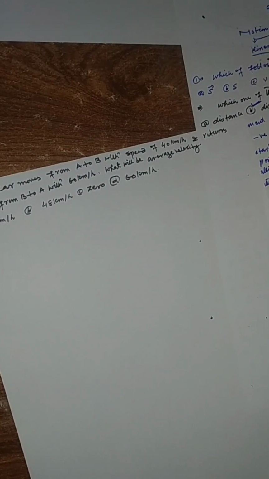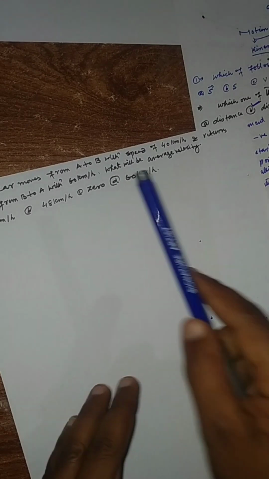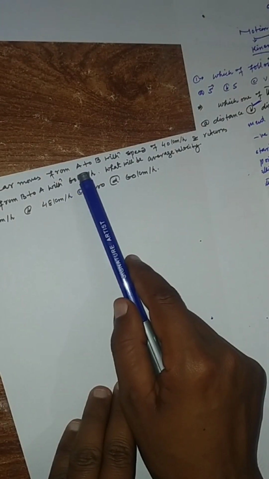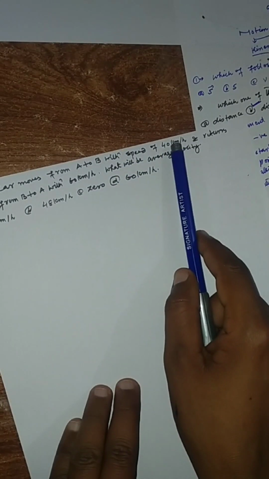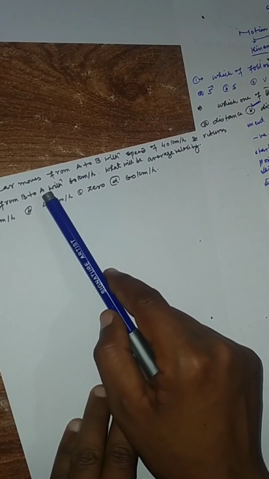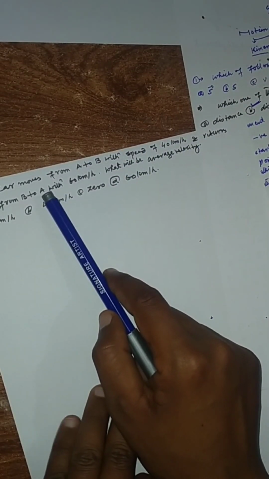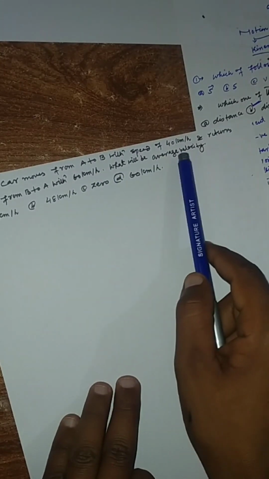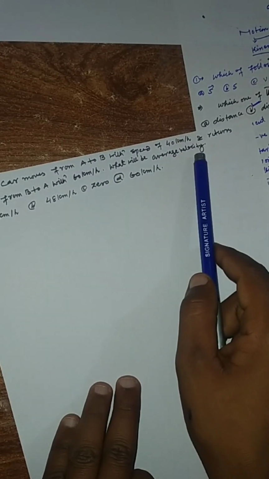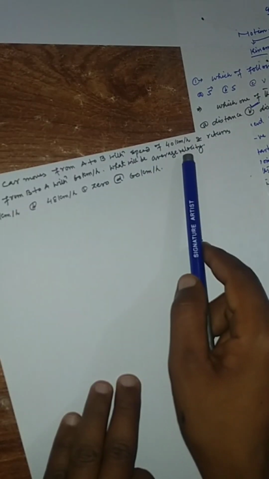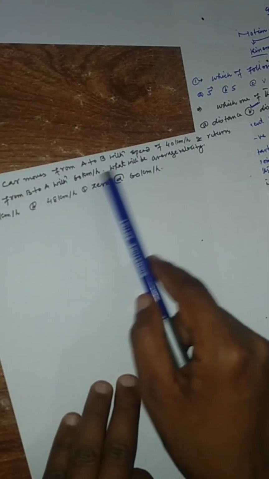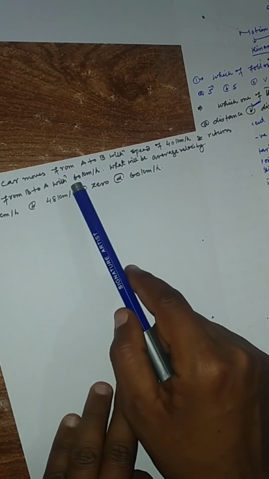So again, see, a car moves from A to B with a speed and returns from B to A. Again there will be displacement 0, so the average velocity is 0. This is not an average speed. Average speed can never be 0, but average velocity in this condition will be 0.